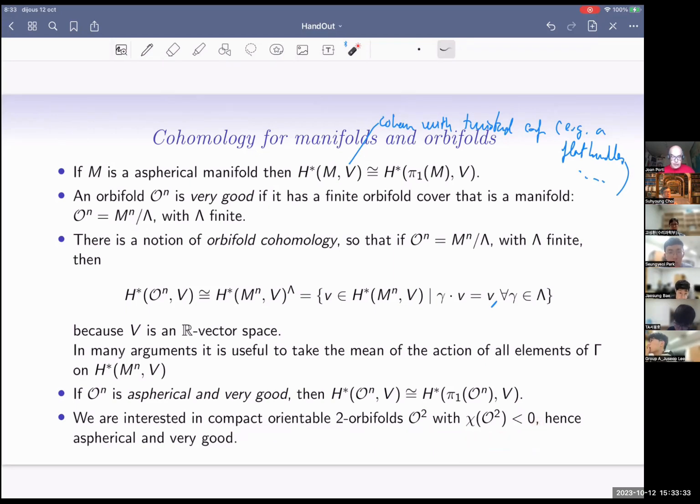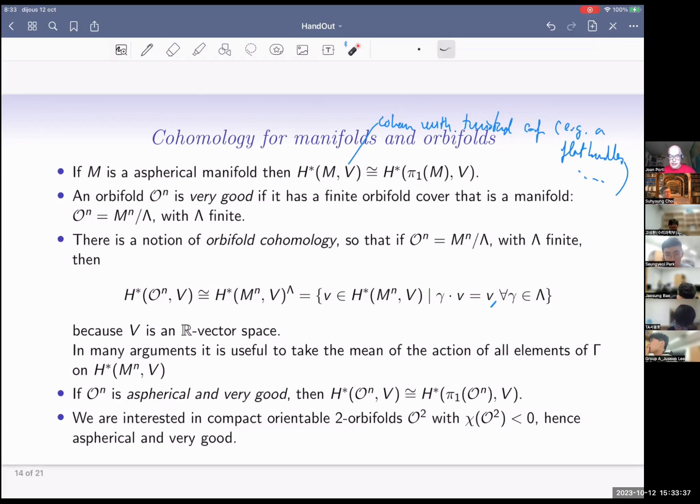And they are all aspherical and very good. When they are not very good, things become complicated. So for manifolds, it's the same as for good manifolds, everything is okay. For orbifolds, you need to work a little bit more, but just take the invariants. And we are interested in the aspherical and very good.